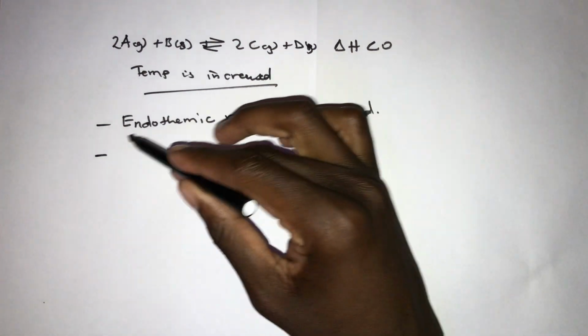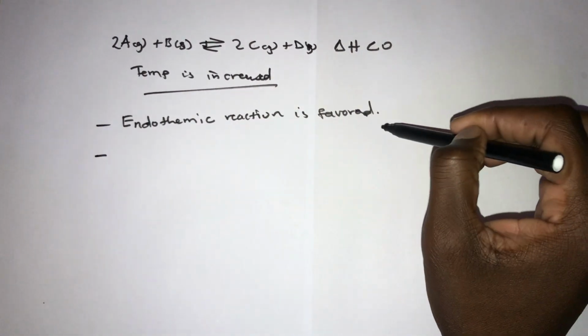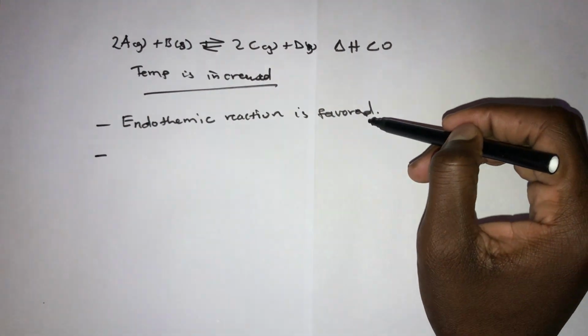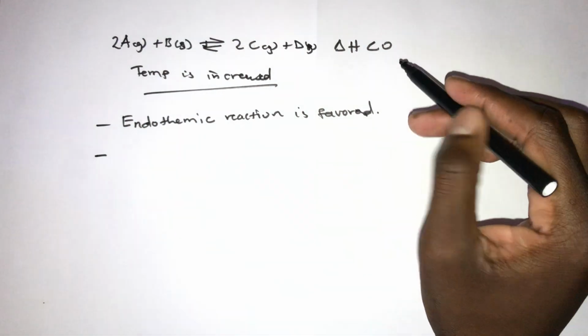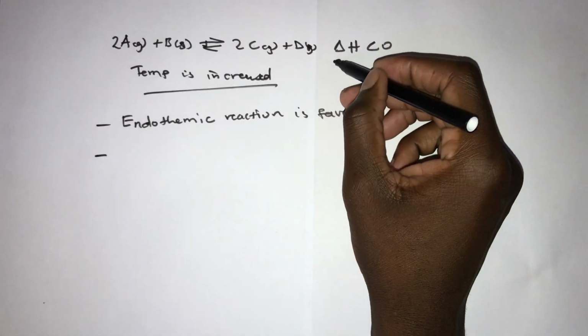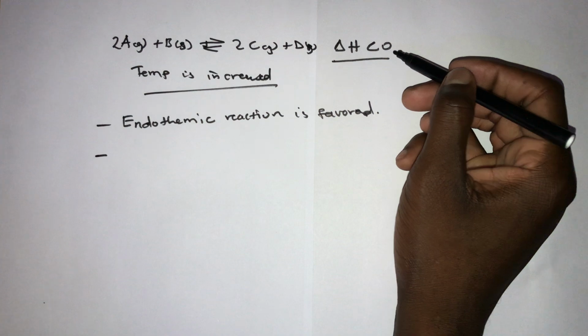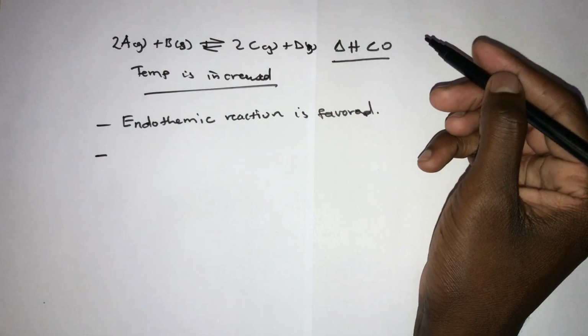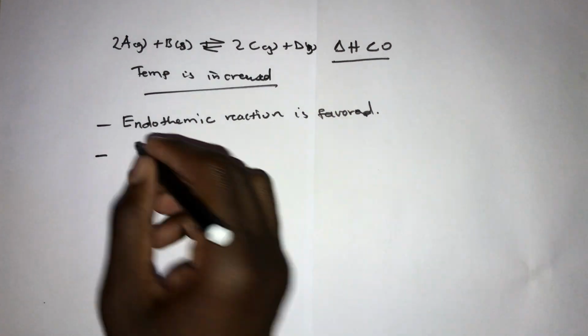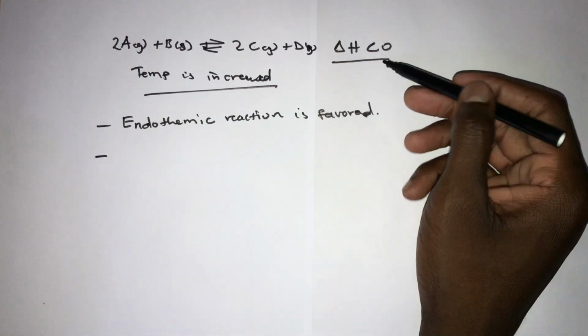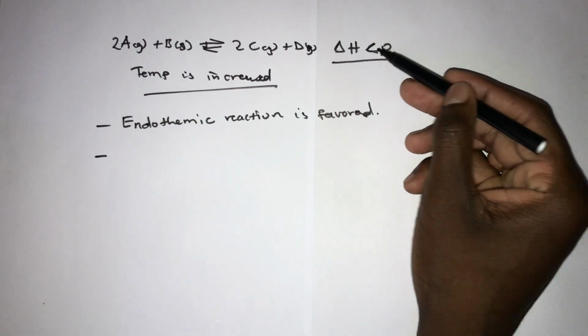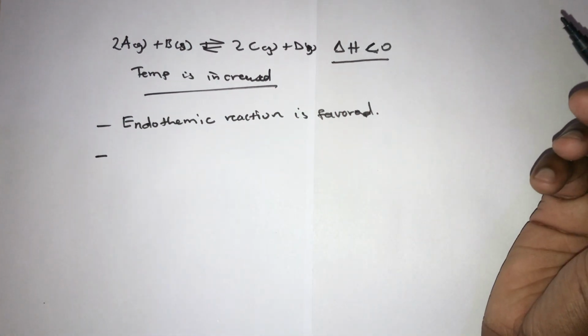According to Le Chatelier's principle, endothermic reaction is favored, right? Since endothermic reaction is favored, now you check that the heat is less than 0. Since the heat is less than 0, it means that the forward reaction is exothermic reaction. Why? Because the heat is less than 0.